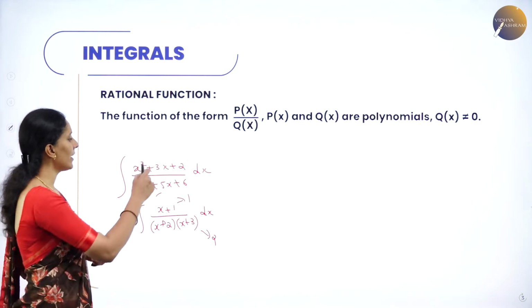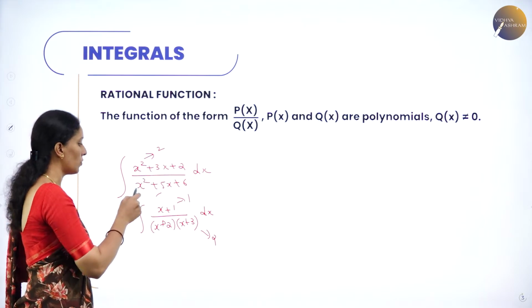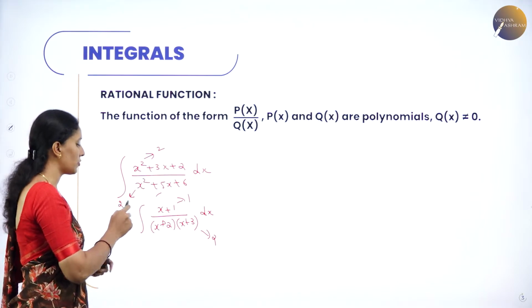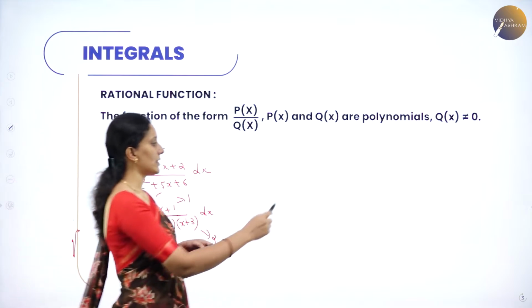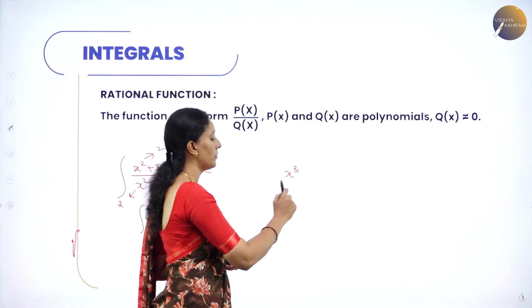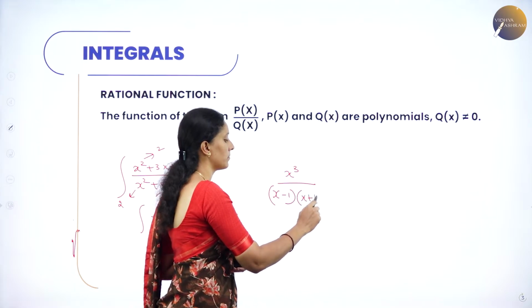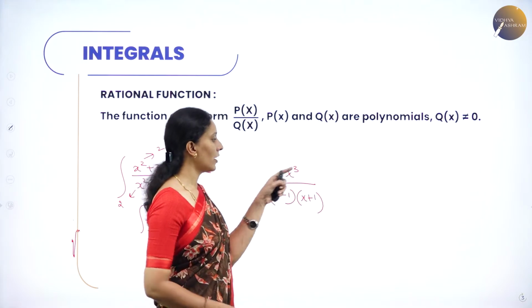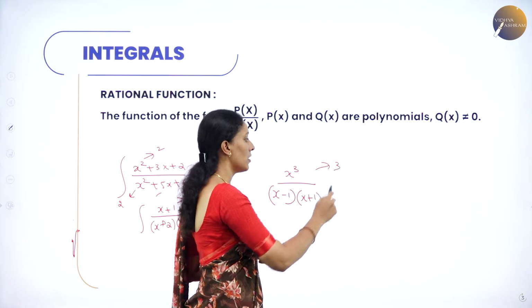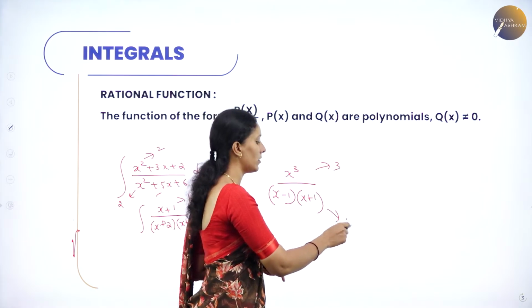Similarly, what is the degree of this polynomial? It is 2. What is the degree of this polynomial? It is 2. I can take one more example, for example, x cube divided by x minus 1, x plus 1. Here in this case, what is the degree of the numerator? It is 3. What is the degree of the denominator? It is 2.